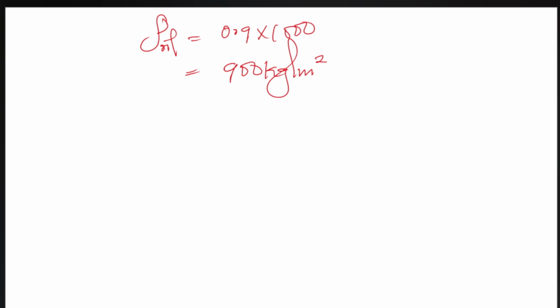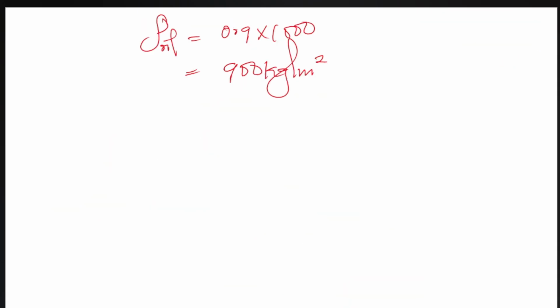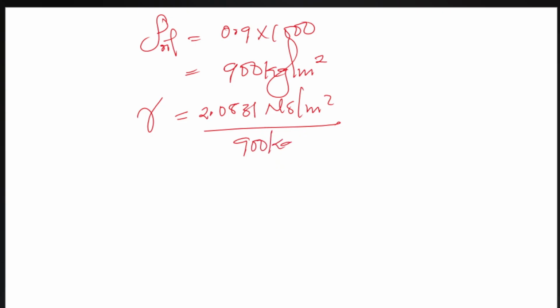So if you succeeded in getting the density of oil, you can input the density of oil into the equation for your kinematic viscosity. And if you do that, you simply have that your kinematic viscosity will be equal to 2.0831 Newton seconds per meter square divided by 900 kilogram per meter square.